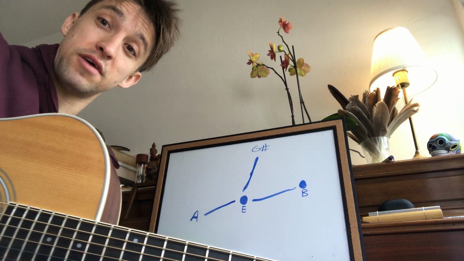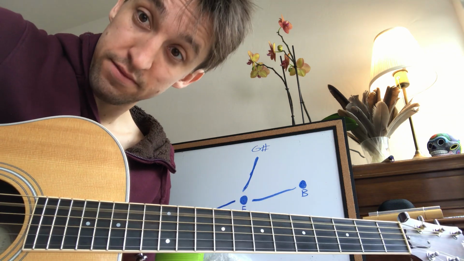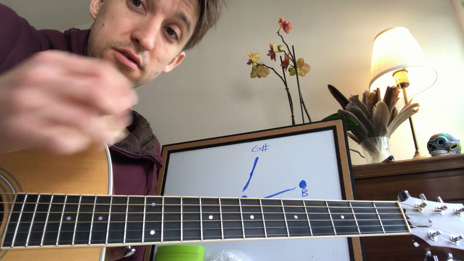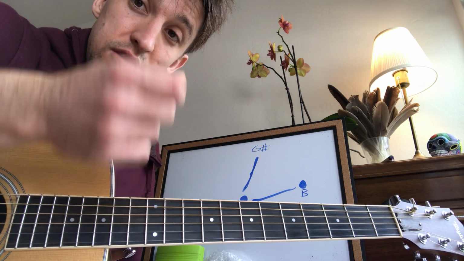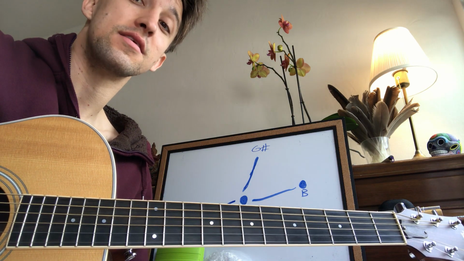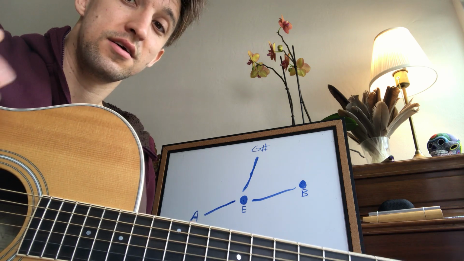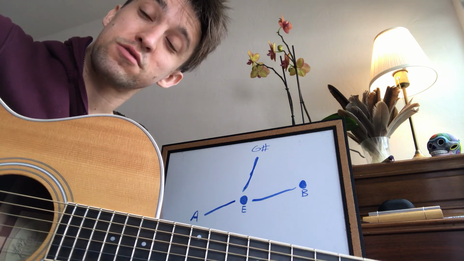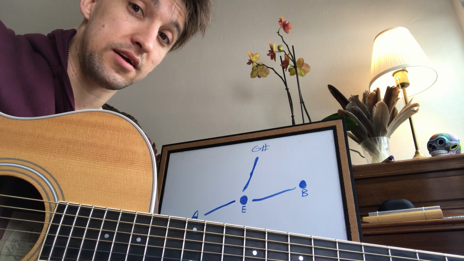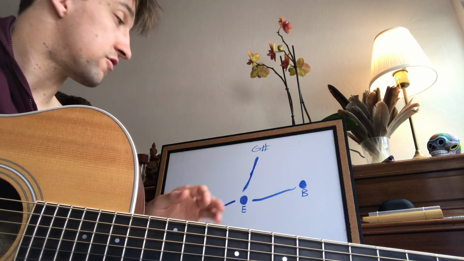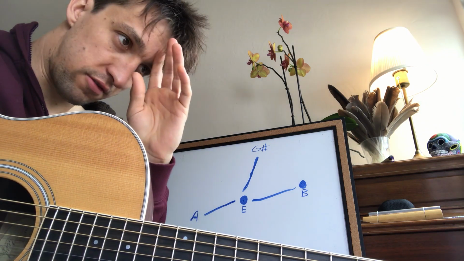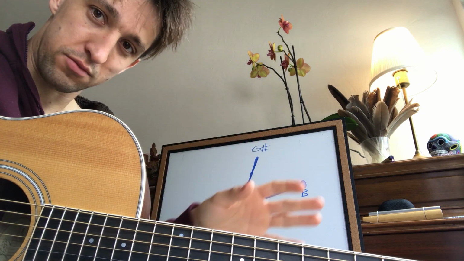In fact, if I take the waveform of A and I say, hey, waveform, move 3 times as fast, go from this to this, what am I going to get? I'm going to get E. So if I take the frequency of A and move 3 times as fast, I get E. Now, we're thinking in terms of E as the focus or center of gravity in terms of our harmony.